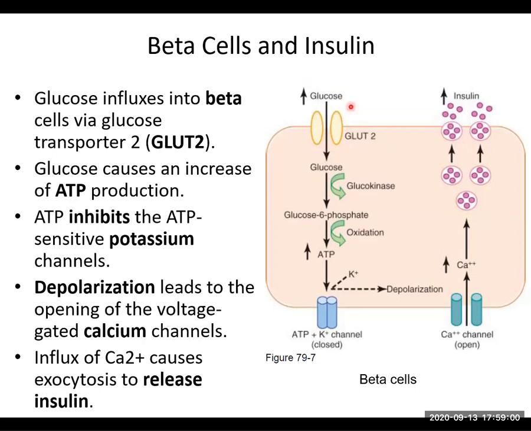So when the blood glucose level increases, the high concentration of glucose in the blood will diffuse into the beta cell. When it diffuses into the beta cell, this glucose can be viewed as the fuel to produce ATP.